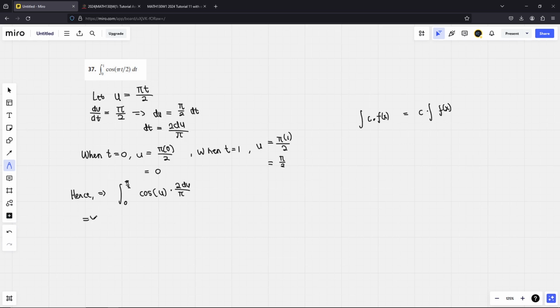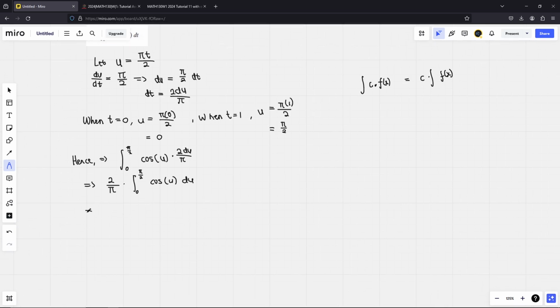So this is the same thing as 2 divided by π multiplied by the integral from 0 to π over 2 of cos u, and the du is going to stay the same.